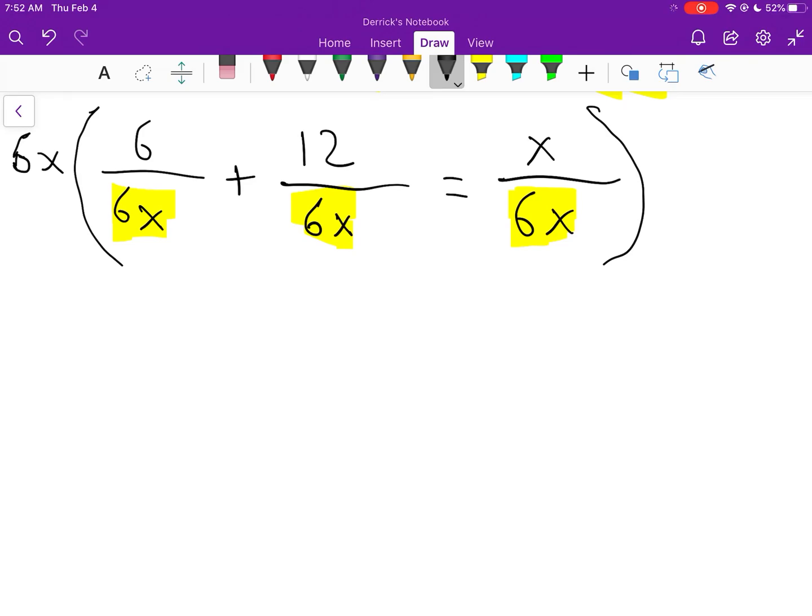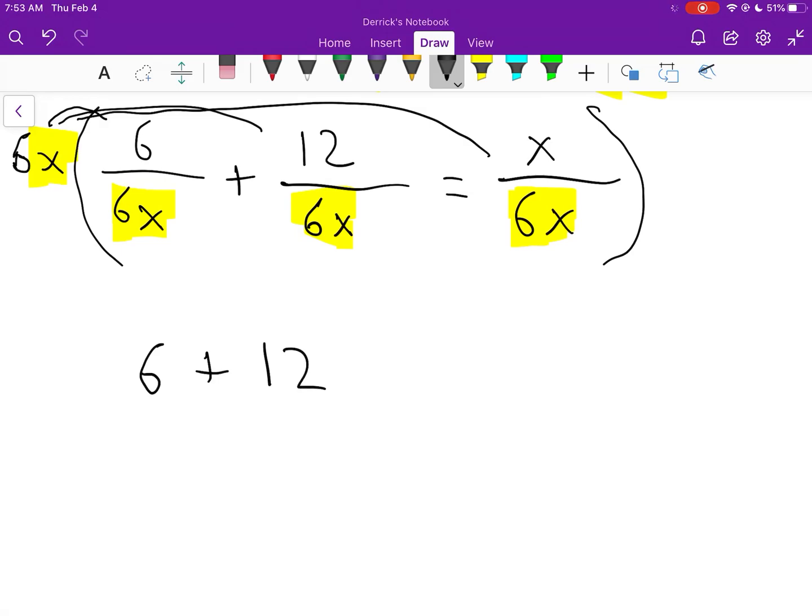The usefulness of that is since every single one of these terms has a denominator of 6x, when I take 6x times this first fraction, the 6x's will just cancel out. Then when I take 6x times 12 over 6x, again the 6x just cancels out. And again, when I take it times x over 6x, it just cancels out, meaning we are left with simply 6 plus 12 equals x.